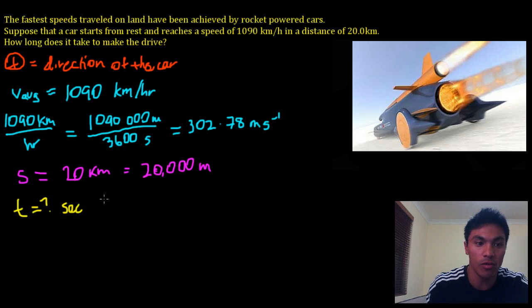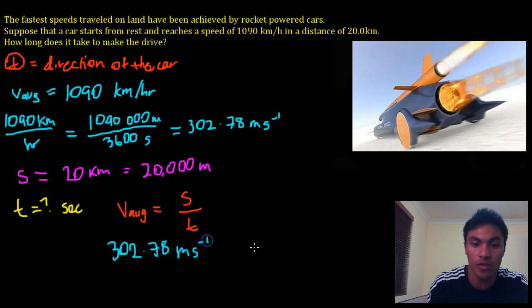So our equation is going to be V average equals displacement over time. If we plug in those values, our average velocity is 302.78 meters per second, which equals our displacement, 20,000 meters, over our time.